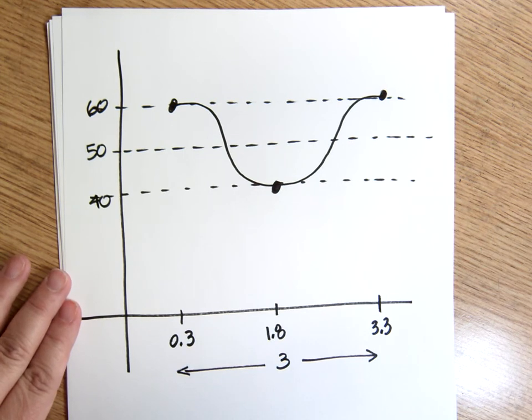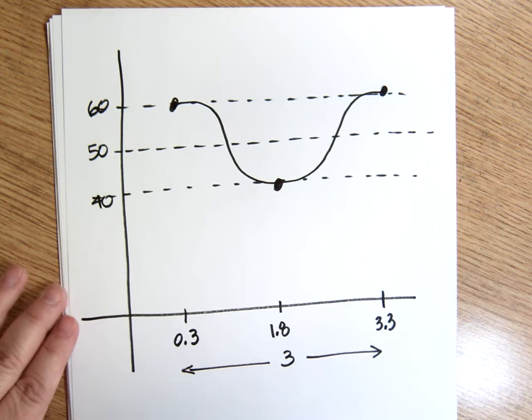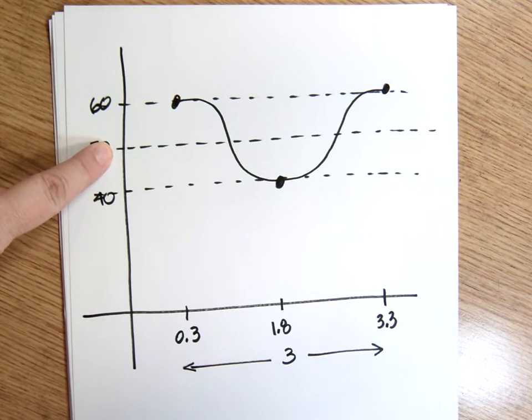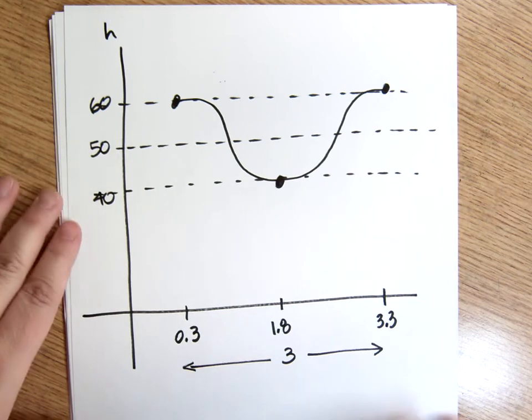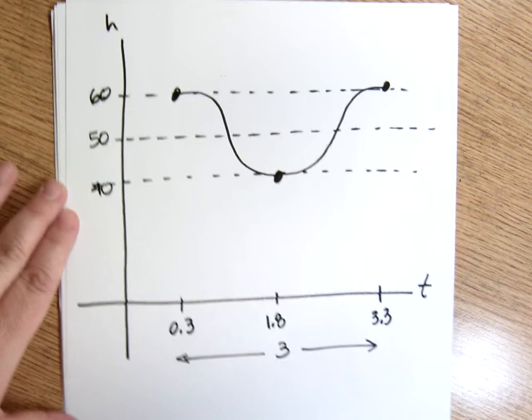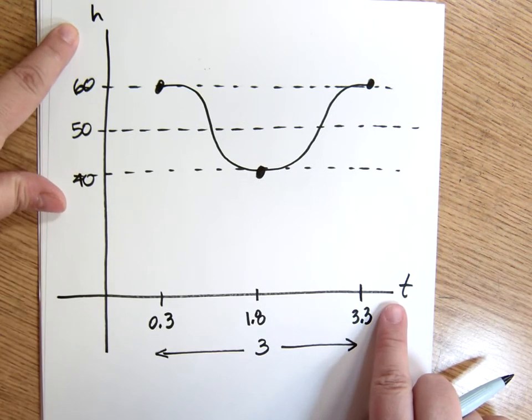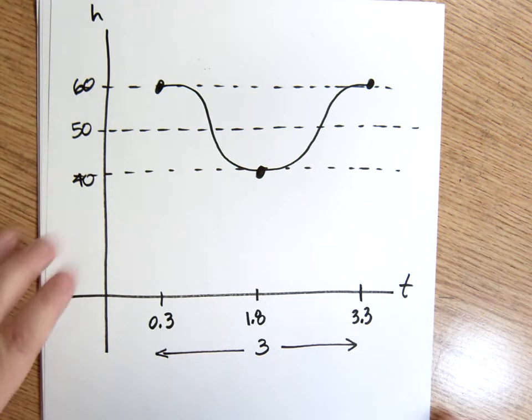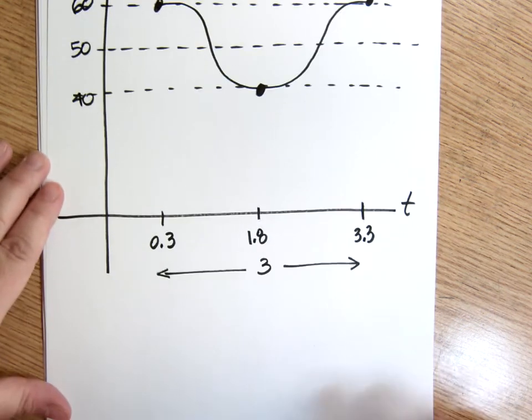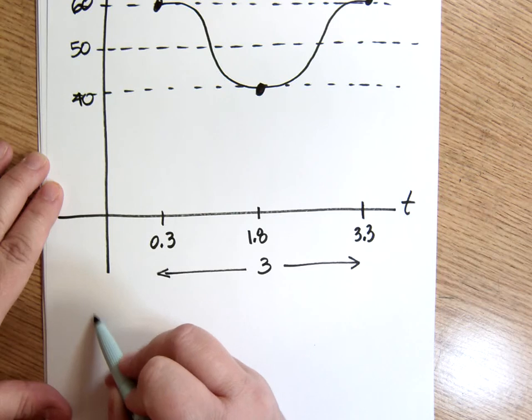Next, I need to write an equation that expresses the distance from the floor, my height, in terms of the number of seconds the stopwatch reads. So I'm using my t and my h to write a function. t is like your x and h is like your y. You could use x and y if you want to, but h of t might be the best way to write it as a function.